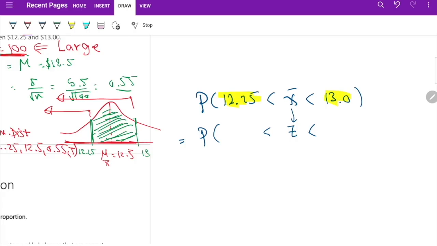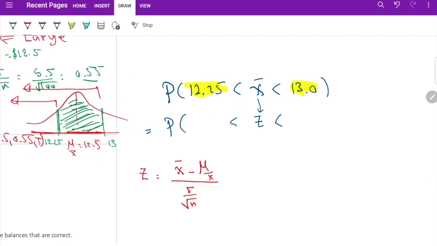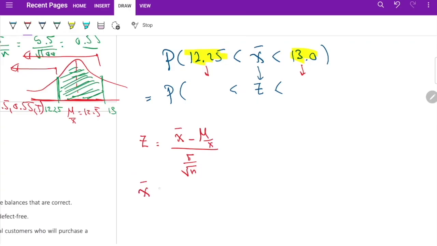How are we going to standardize these two values? We're going to use Z equals, if you remember, X bar minus mu, over sigma over root n, right? So we're going to standardize this, and we're going to standardize this. The first one, when X bar is 12.25, then Z equals 12.25 minus 12.5 divided by 0.55.